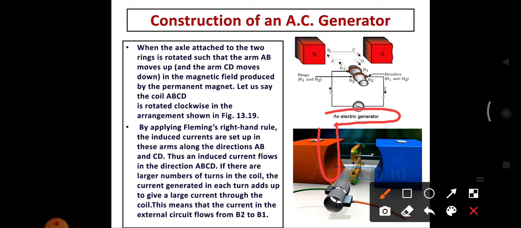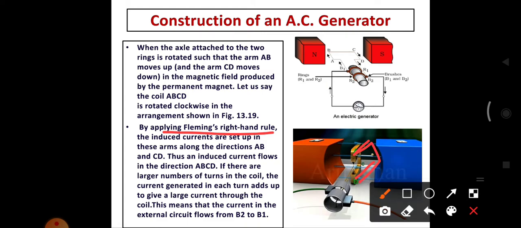So the direction of the current is perpendicular to this. By applying Fleming's right hand rule, the induced current is set up in these arms along the direction AB and CD. The induced current flows through ABCD.